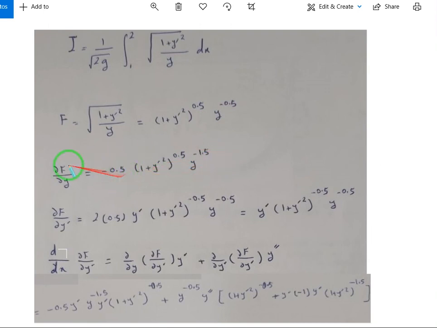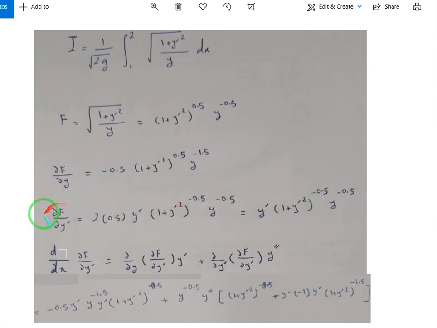And I can calculate the partial derivative of f with respect to y dash in a similar way. You can see the formulation here. It's very simple. You can do it by yourself.